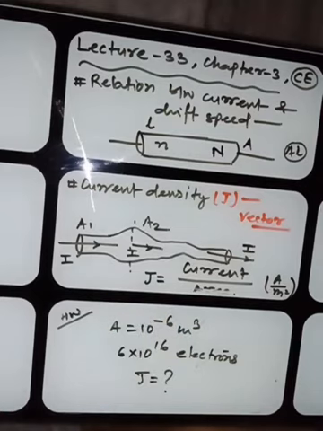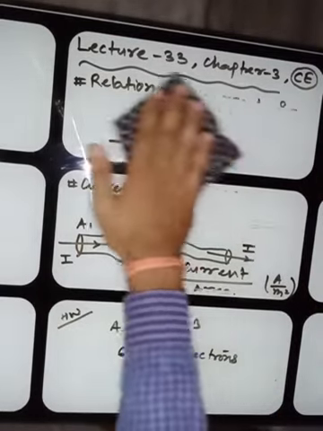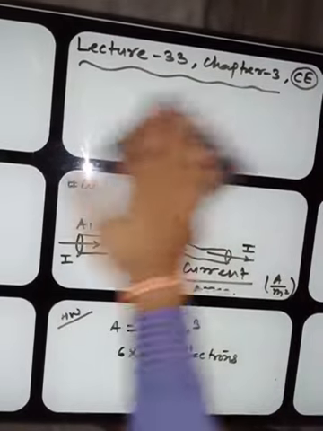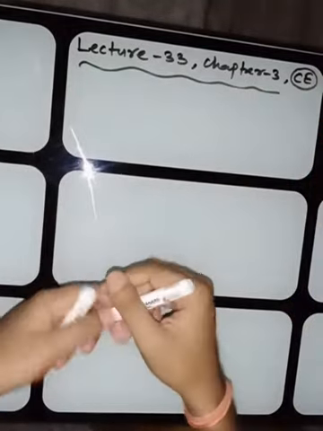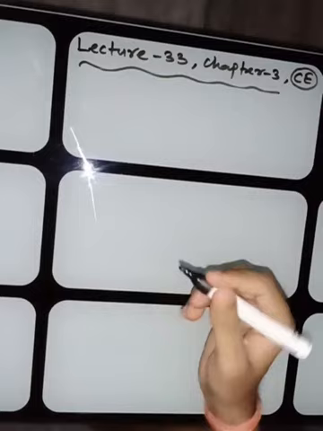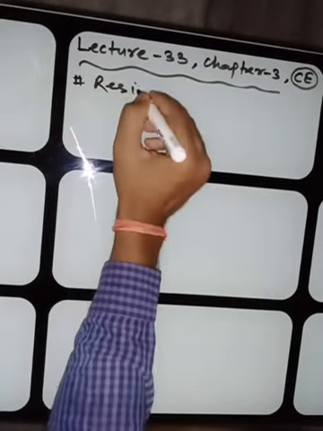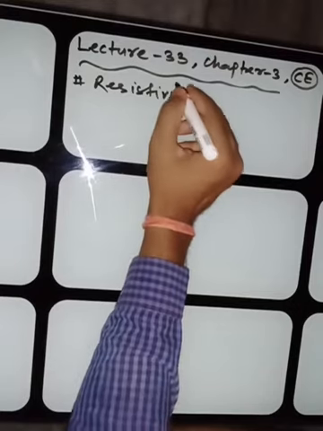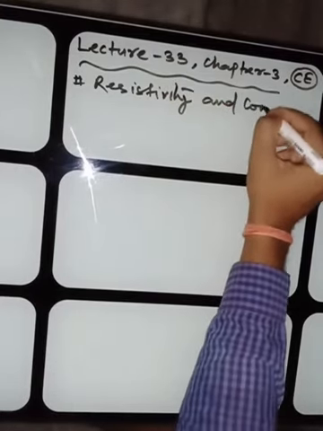So we are proceeding from current density, the formula that we have derived, and will approach resistivity and conductivity.